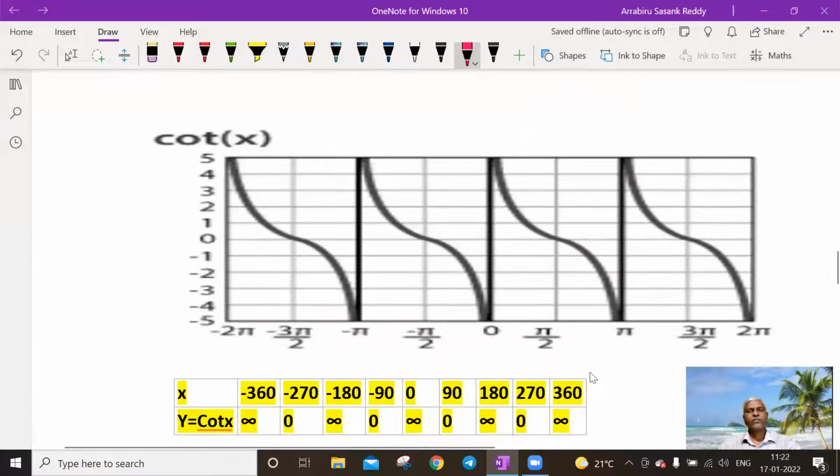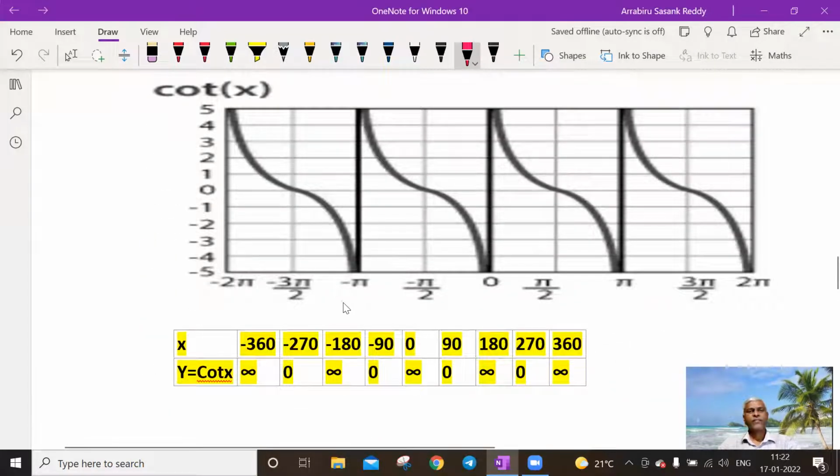And cot also similar to tan. It is also minus infinity to plus infinity. Minus 360 infinite. Minus 270 is 0. And 180 is also infinite, minus infinite.